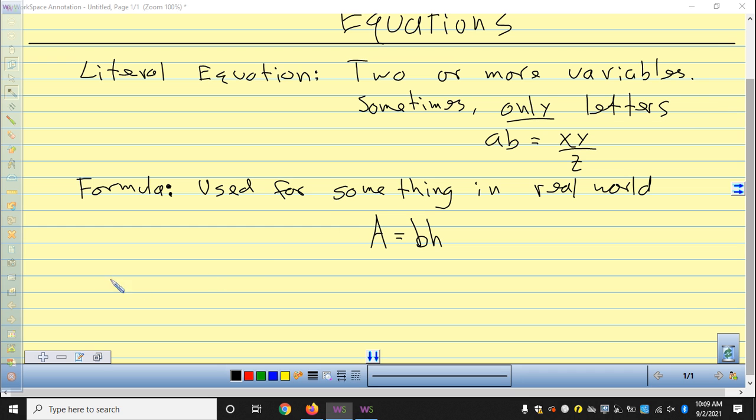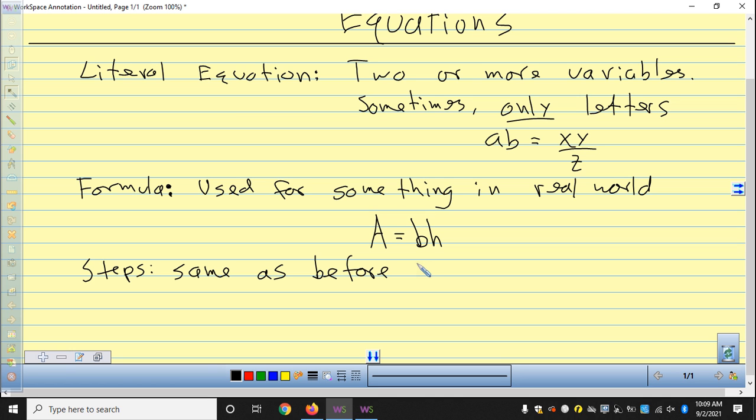Our rules or our steps are the same as before. So we've talked about 5 steps. We use the same 5 steps for literal equations. We're not doing anything different when it comes to solving these. It's exactly the same.